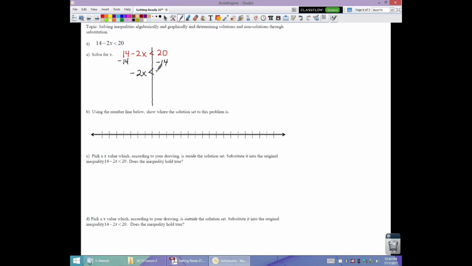Still has a less than, and we have 6. Then divide both sides by -2, and hopefully that little bell is going off in your head that says, hey, when I divide or multiply an inequality by a negative, I have to change my inequality symbol. So it goes from less than to greater than. 6 over -2 is -3. So my solution, and it's not just the -3, it's the entire inequality, x is greater than -3.